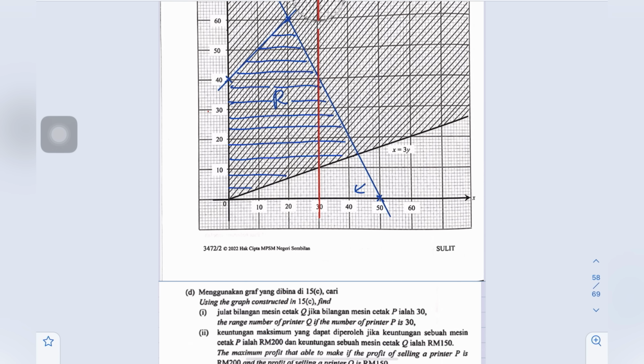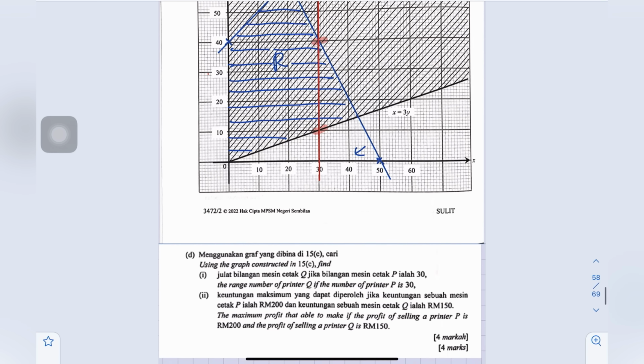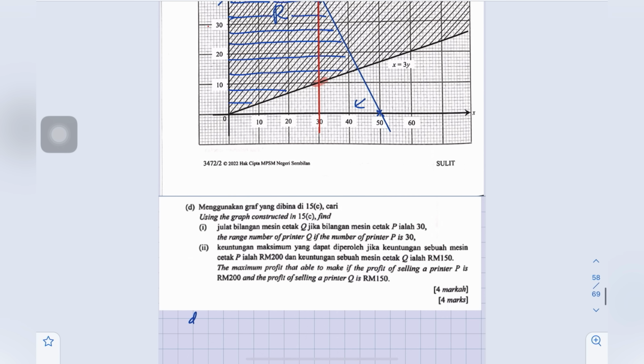Okay, so the straight line passes through the shaded region from here to here, from 10 to 40. So therefore for D Roman 1, Y is more than or equal to 10 but less than or equal to 40.